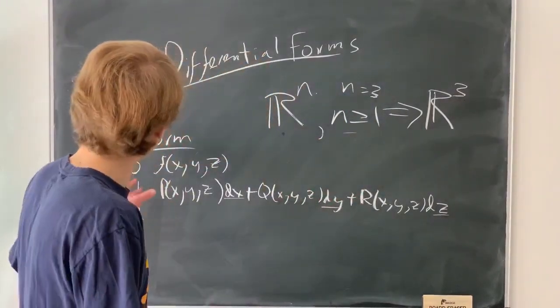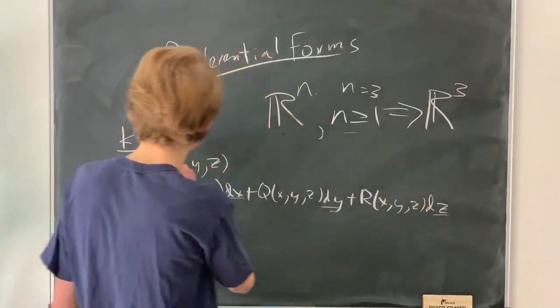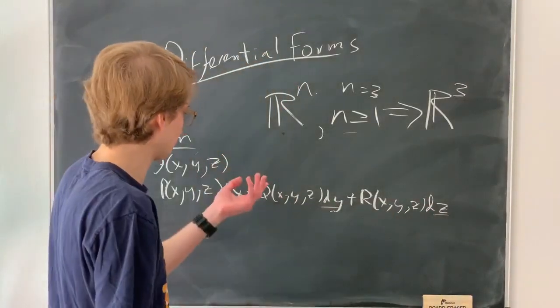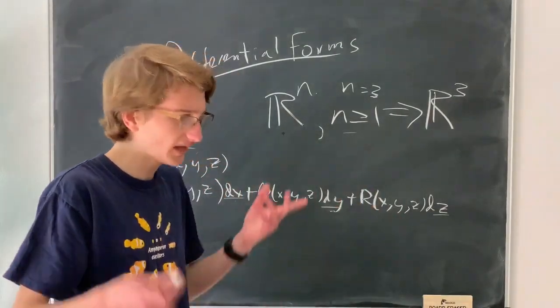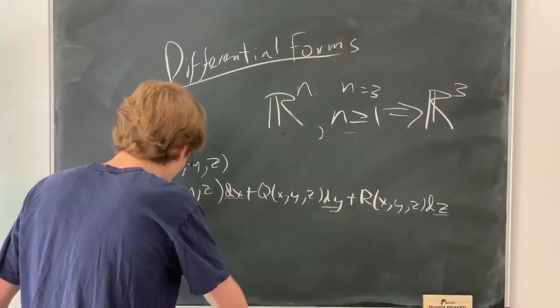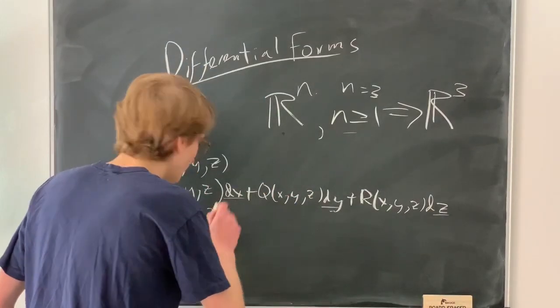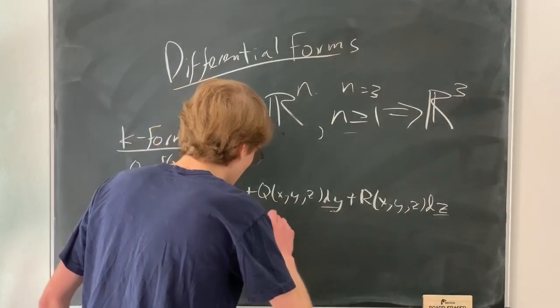So this k corresponds to the number of differentials. In this case, 0 had nothing here, right? For 1, we have a dx, a dy, a dz. Okay, what about a 2-form? Well, again, we have our function p of x, y, z, but instead of times dx, we are now multiplying by dy, dz.